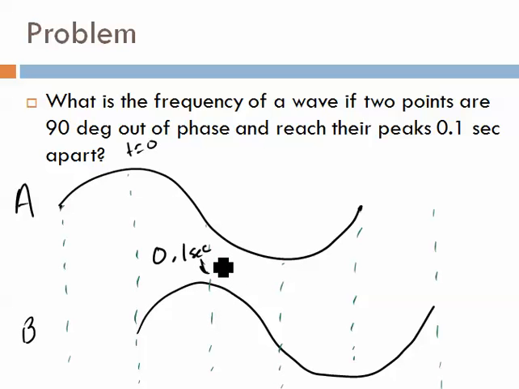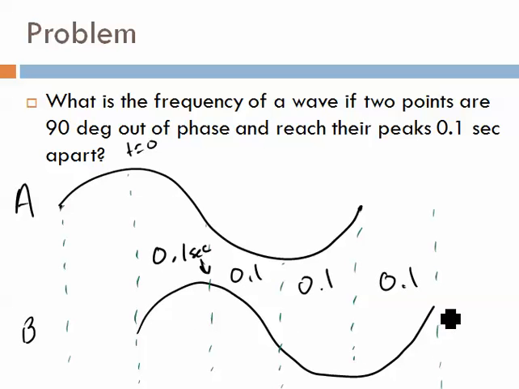What I want you to realize is that every one of these divisions I have here would represent 0.1 seconds. That means this right here is 0.1 seconds, and this right here is 0.1 seconds. It's always going to be 0.1 seconds for all four parts of this wave.